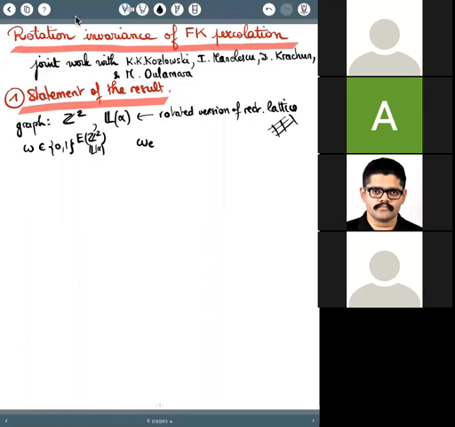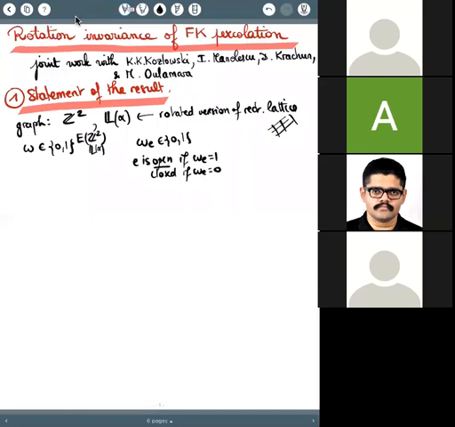So omega e belongs to {0,1}, and e is open if omega e equals 1, and otherwise it's closed if omega e equals 0. Okay, so you think of omega as a subgraph of your original lattice, which has vertex set equal to the vertices of the original lattice, and edge set which is only made of the open edges. Okay, so it's a random subgraph of the original graph.